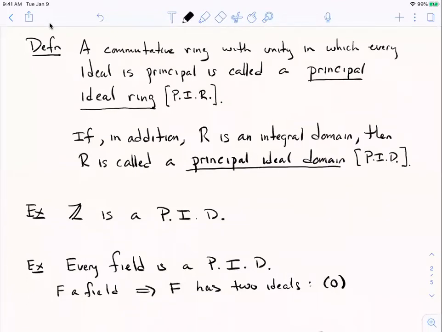And the other one is F itself, which is also a principal ideal. F is the ideal generated by, say, 1, for example. If you take all the field elements and multiply them by 1, you'll get every field element. So since the field only has two ideals and they're both principal, and you're going to prove in your homework that every field is an integral domain, there you go. Every ideal in this integral domain is principal. It's a principal ideal domain.